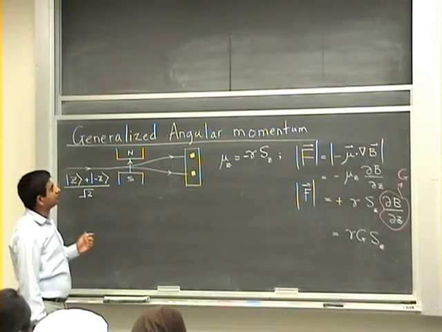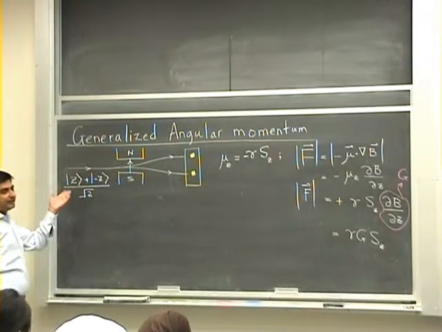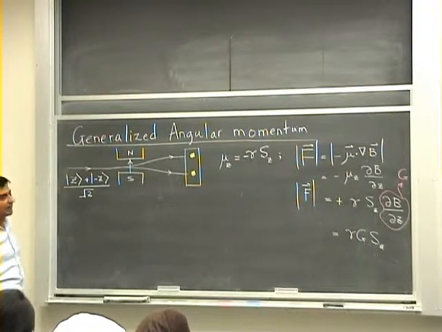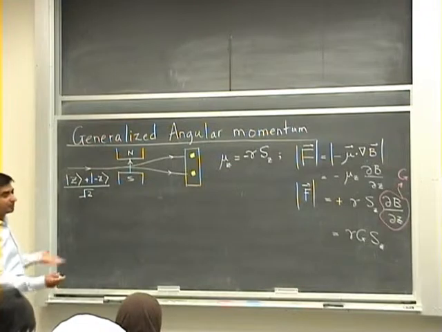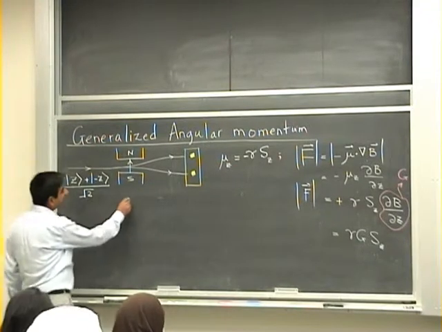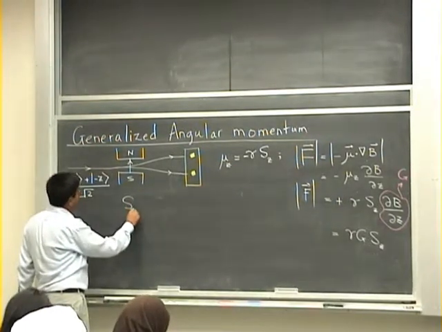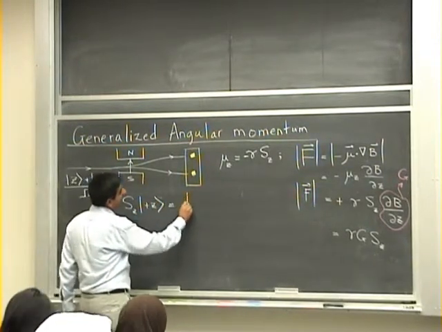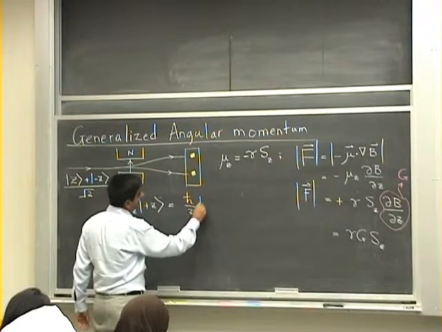Now if we observe Sz, the z component of the angular momentum, there are two possibilities. If Sz acts on plus z, we get the measurement outcome h bar over 2.